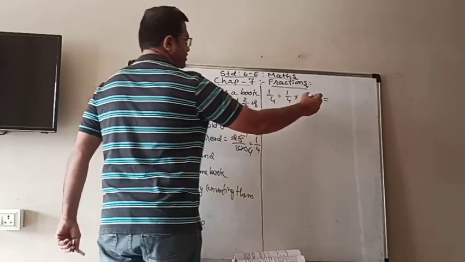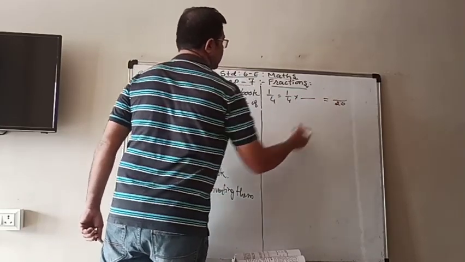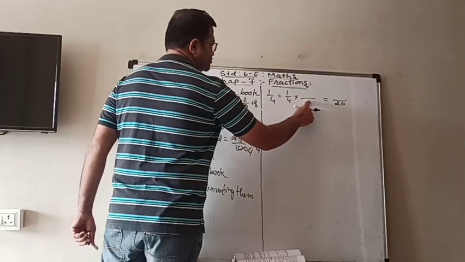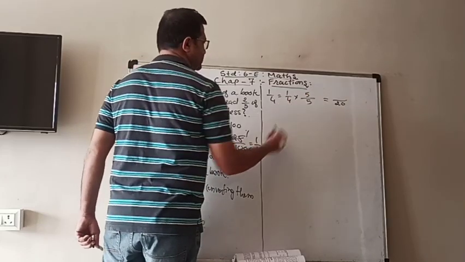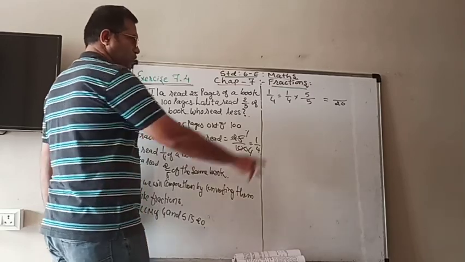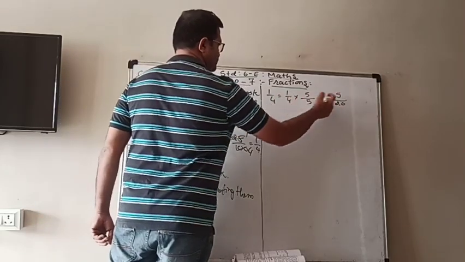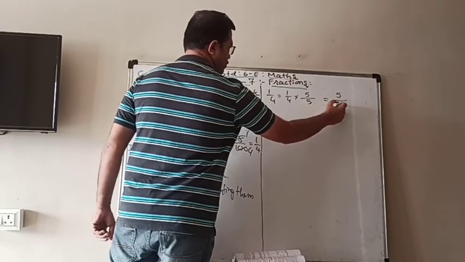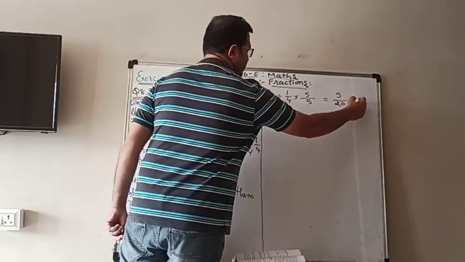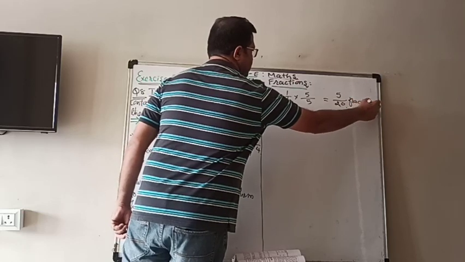We have to multiply so that we can bring 20 in the denominator. So we know that 4 5s are 20. So we have to multiply it with 5 upon 5. So 1 5 is 5 and 4 5s are 20. So that is 5 by 20. That is the fraction of Ila.